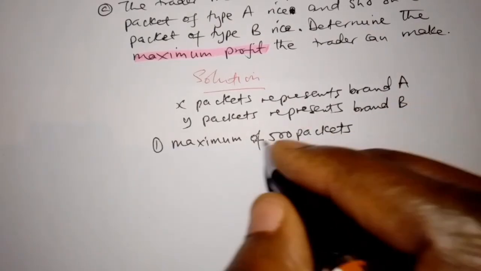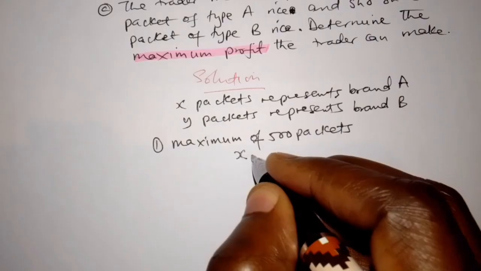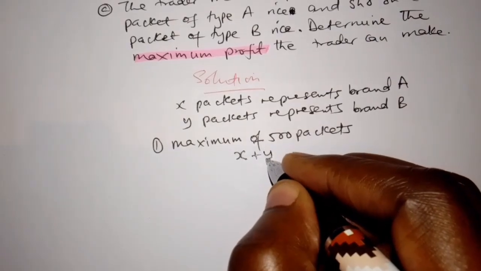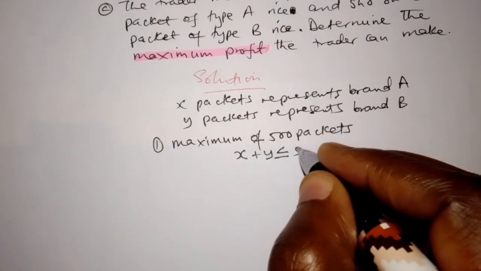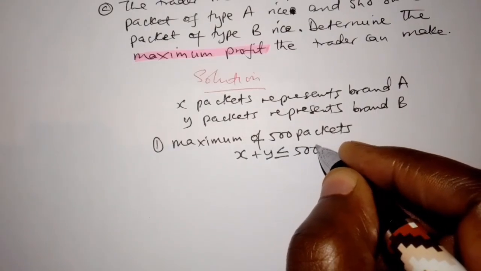We can represent this as X plus Y is less than or equal to 500.